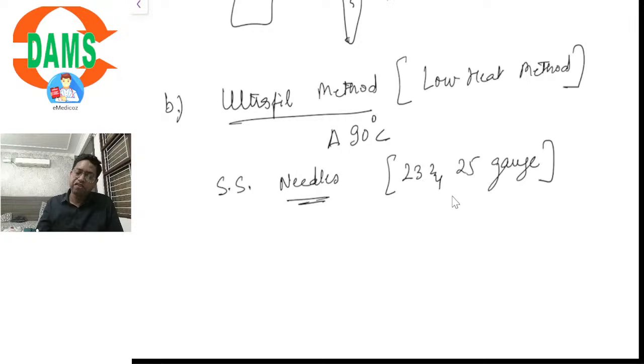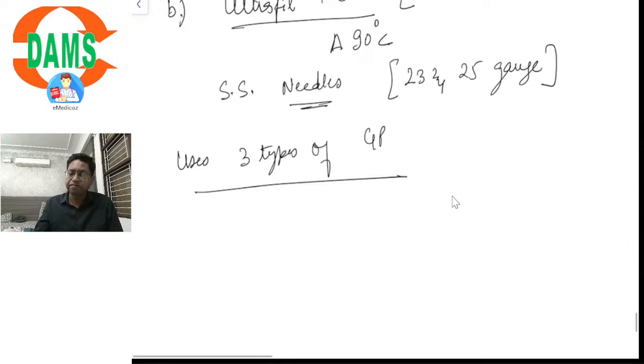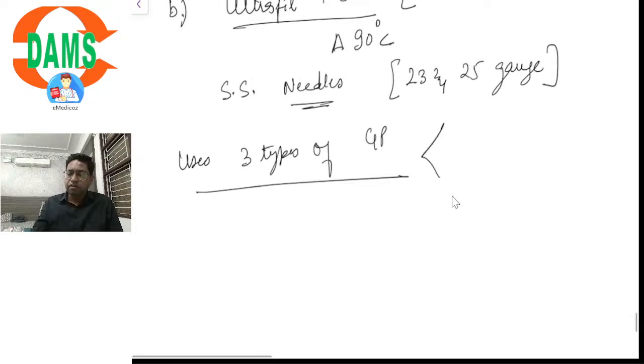It uses three types of gutta-percha: low viscosity, high viscosity and intermediate viscosity.